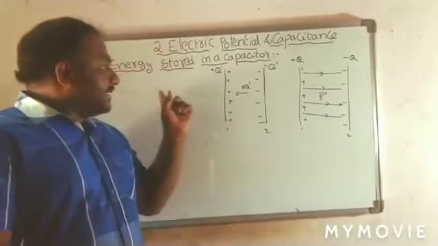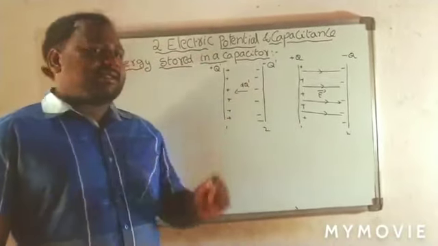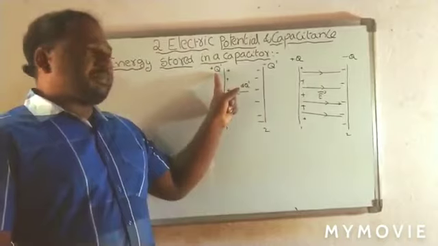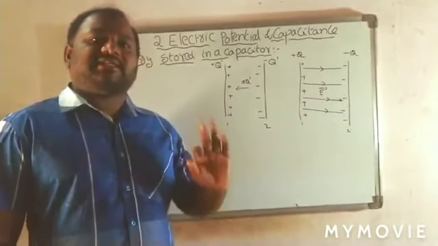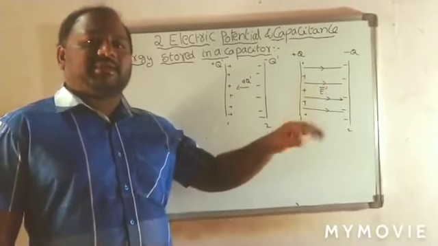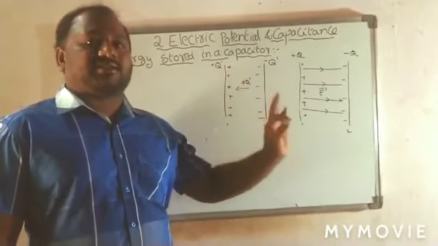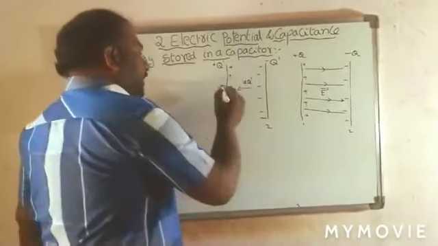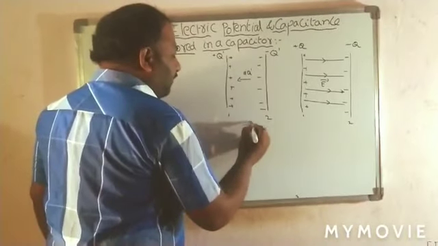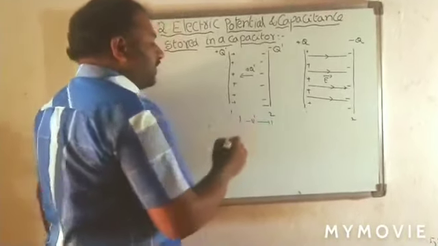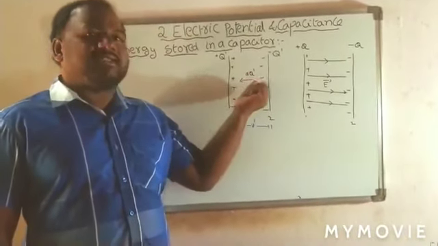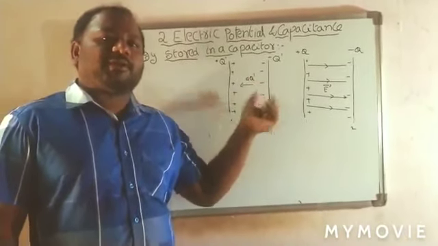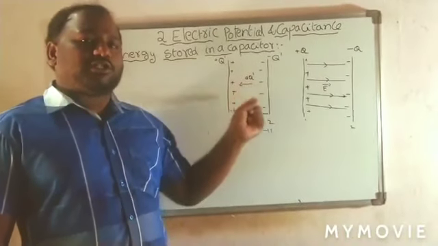Listen here. Consider a capacitor. The positive plate has plus q dash, and the negative plate has minus q dash. This is at any intermediate time, meaning I consider a particular instant of time. Here I apply a potential of V dash. When I apply the potential V dash, a small amount of charge dq dash moves from the negative plate to the positive plate.